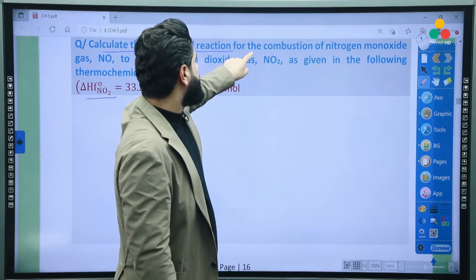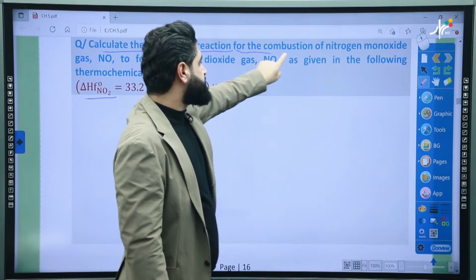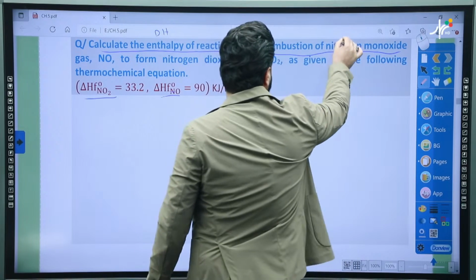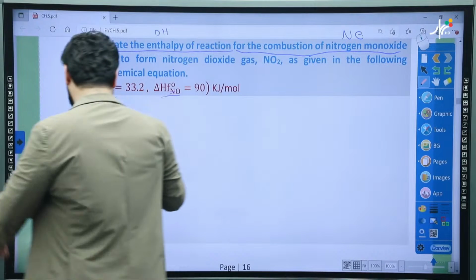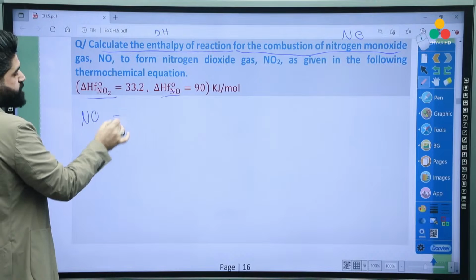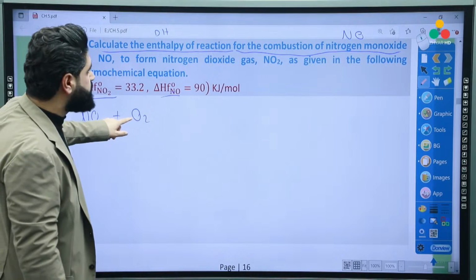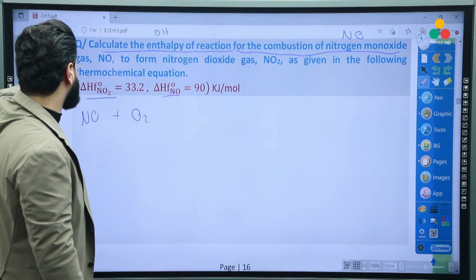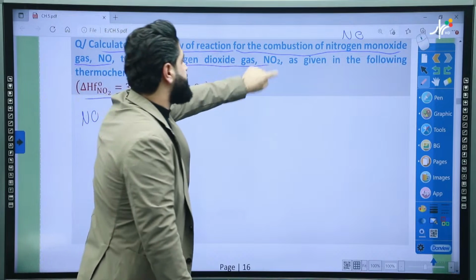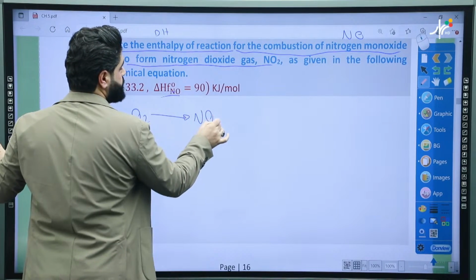Well, look, calculate delta H, enthalpy of reaction for the combustion of nitrogen monoxide. So we have NO when it combusts. So for the combustion reaction of any substance, we have to write plus oxygen: nitrogen monoxide gas NO to form nitrogen dioxide gas NO2, producing NO2.